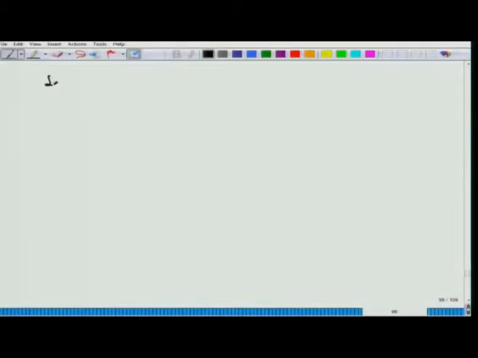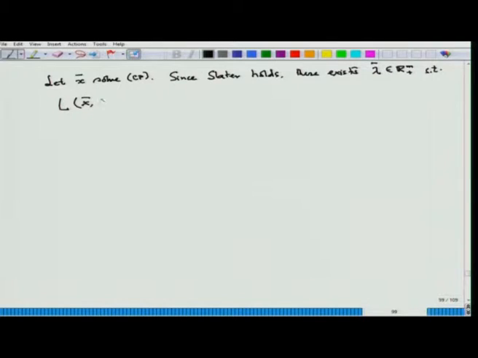So, now let x star solve CP. Since Slater holds, there exists a lambda bar element of R^m_+ such that L(x bar, lambda) is less than or equal to L(x bar, lambda bar), which is less than or equal to L(x, lambda bar).